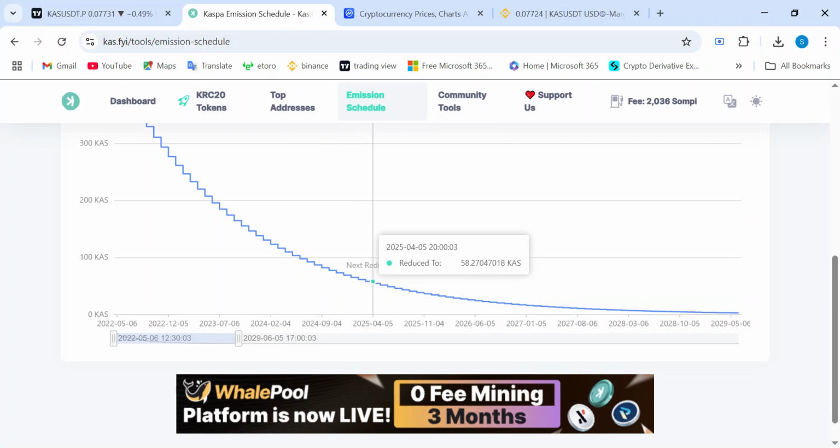This should give us a lot of bullishness, because a lot of other coins have the opposite emission tokenomics: they go upwards, we go downwards. Every time there's an emission, we go downwards. The next block is going to be 55 Kaspa, and the next one is 51, and so on and so forth. It will reduce only with time.